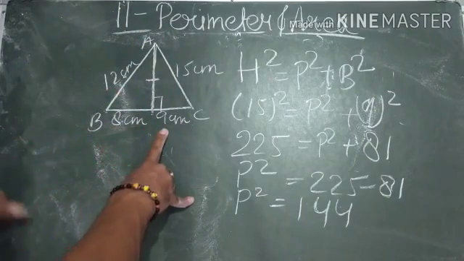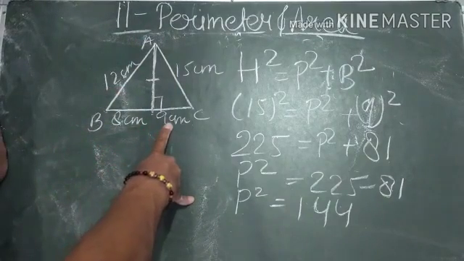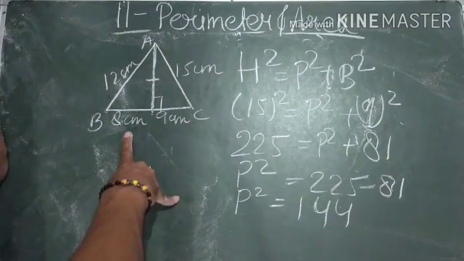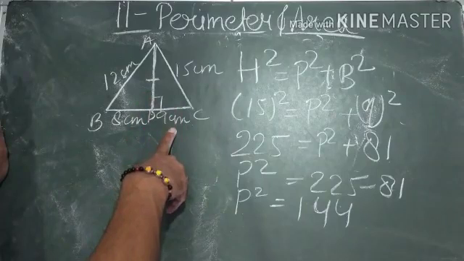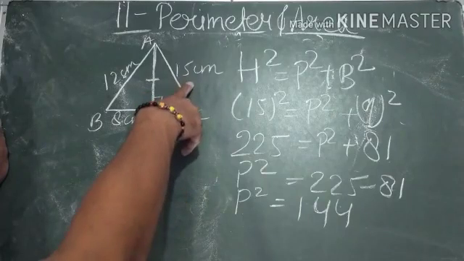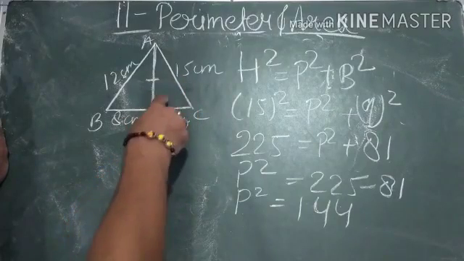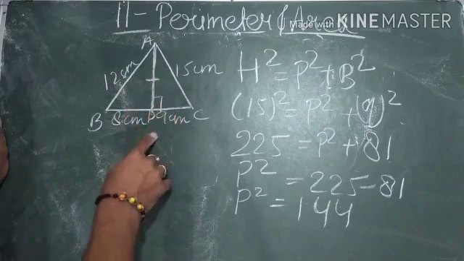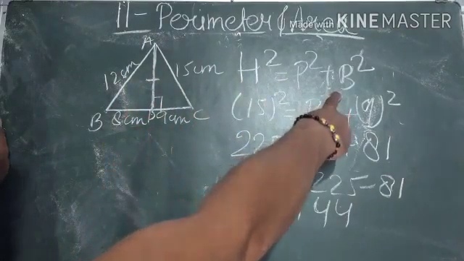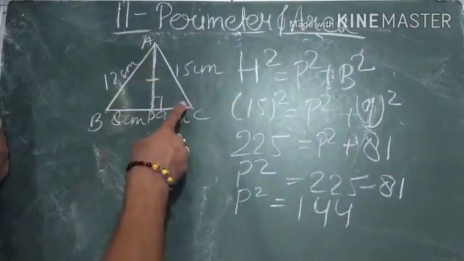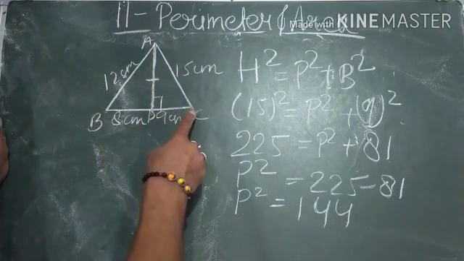As in this question, this side is given as 9 centimeter and this side as 8 centimeter, meaning this side is divided into two parts. So this will be 9 centimeter and this will be 15 centimeter. By applying the Pythagoras theorem, hypotenuse square is equal to perpendicular square plus base square. The hypotenuse is AC and the perpendicular is AD and DC.